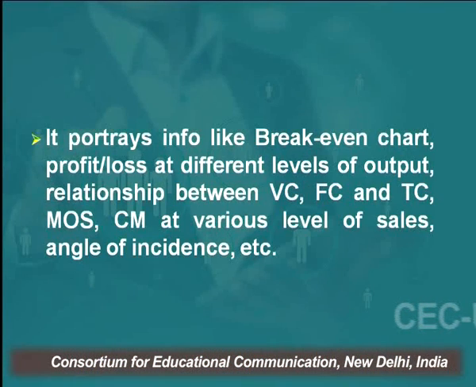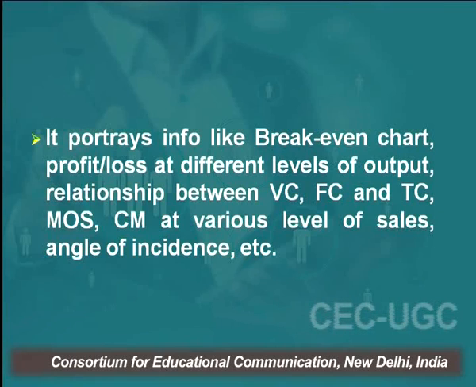It portrays profit and loss at different levels of output, and the relationship between variable cost, fixed cost, and total cost. VC means variable cost, FC I have used for fixed cost, and TC means total cost. MOS means margin of safety, CM means contribution margin at various levels of sales, and angle of incidence. So this summarizes the break-even chart.